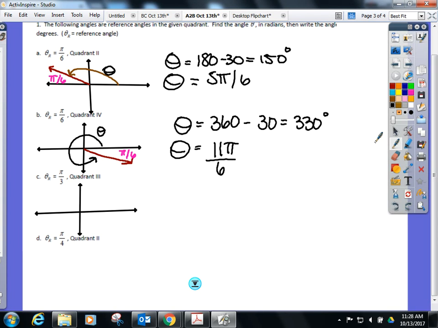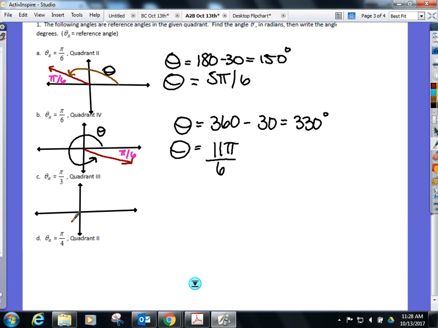Let's see, quadrant. Oh, pi over 3. What is that one? 60-degree reference angle in quadrant 3. 60-degree reference angle. Okay.